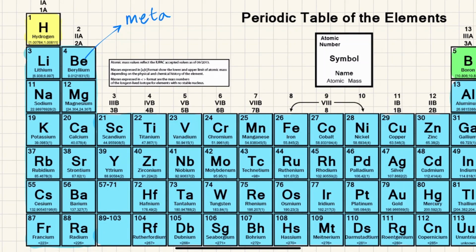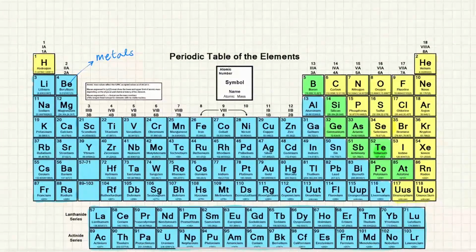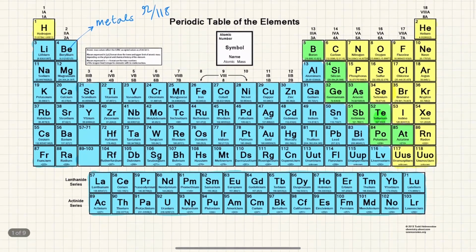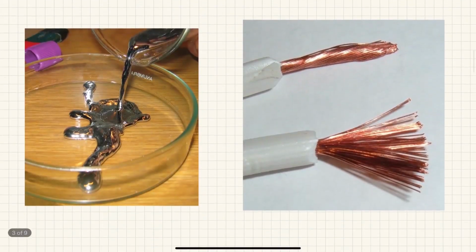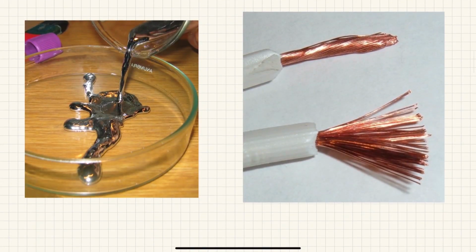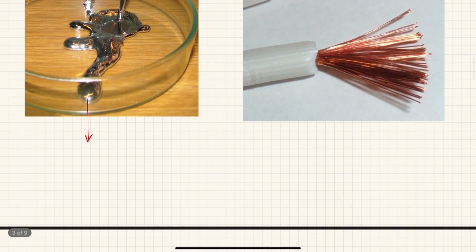In some sources, it is mentioned that 92 elements out of 118 are metals or likely to be a metal. You can also see them in this table as they are separated with a blue color. Okay, but the question is, how can we distinguish if something is a metal or not? Well, I have to say that we should seek their characteristics and behavior.